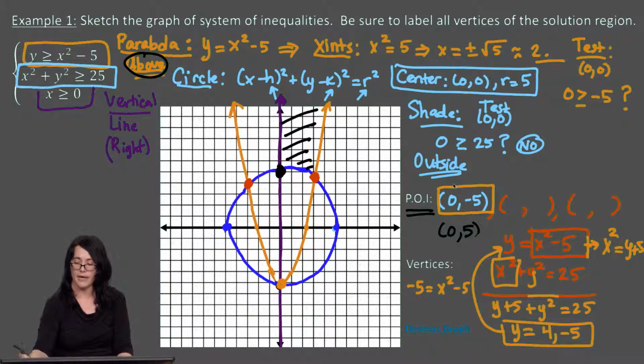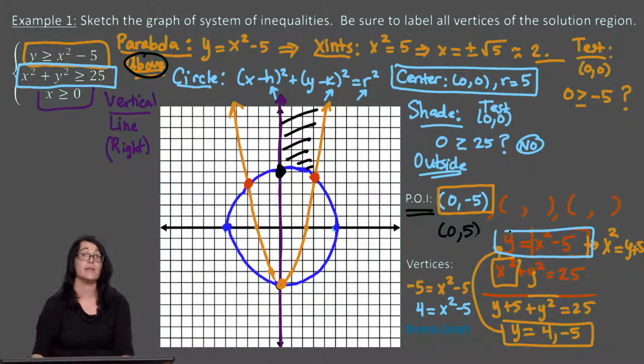But on the other hand, what if we replaced y with 4? If we replaced y with 4, we would have 4 equals x squared minus 5 when we plug it into the parabola equation. And what does that mean? Well, putting 5 on the other side by addition, x squared would be 9, so x would be positive or negative 3. So we'd get positive 3 and negative 3 whenever the y value is positive 4.